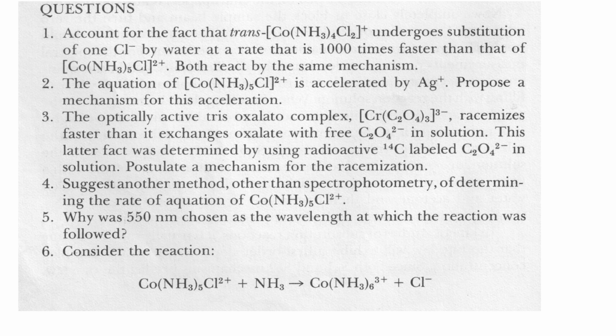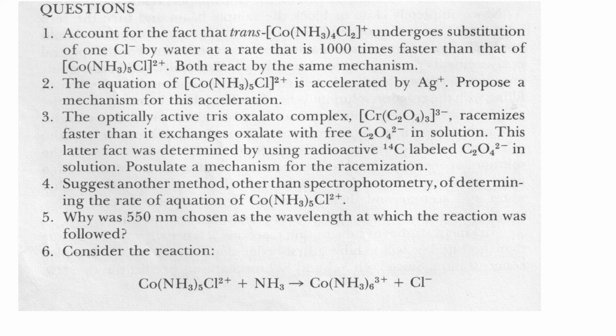The first question: account for why trans [Co(NH3)4Cl2] is 1,000 times faster than the cis in the substitution reaction. The second question: why does adding Ag plus to our reaction mixture accelerate the reaction, making the rate faster? The third question: you have the complex with C2O4 2-, which is like ethylenediamine.